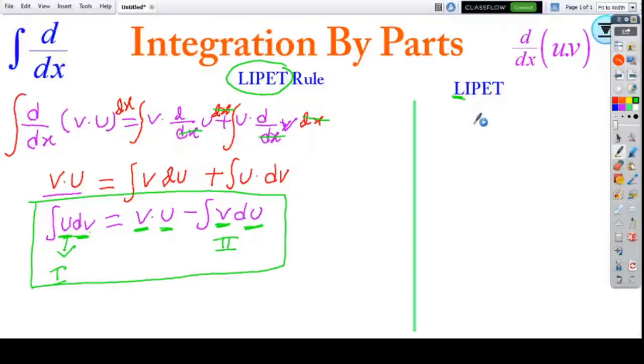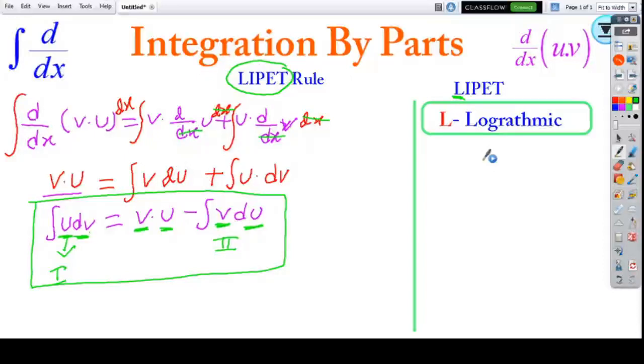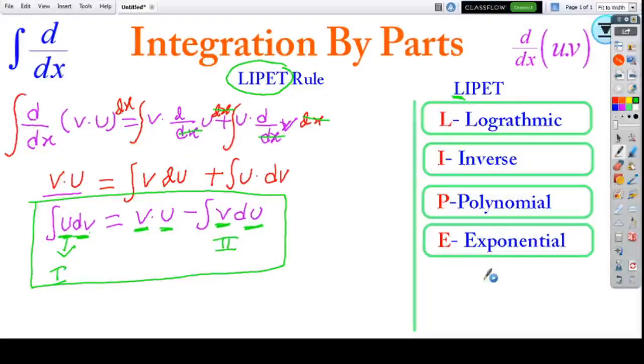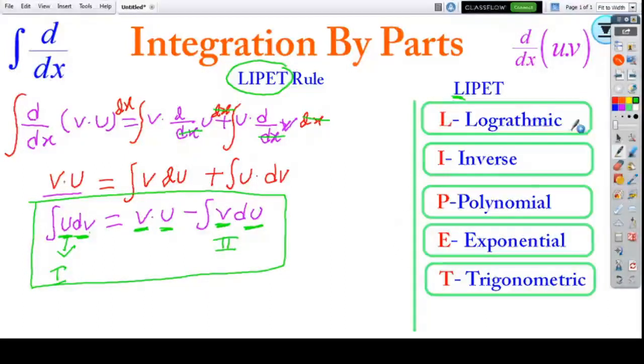And how can we decide the first function? L stands for logarithmic, I for inverse, then polynomial, then exponential, and then trigonometric. This is the way by which we consider the first function. Logarithmic comes first because if I differentiate a log, it becomes a polynomial.